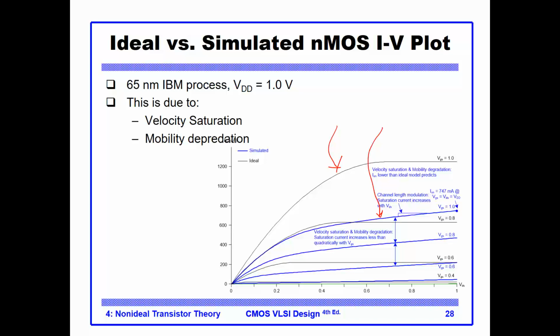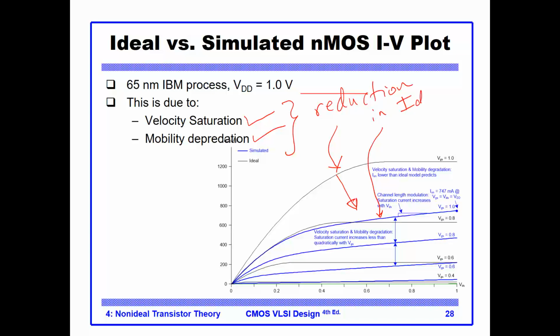Engineers and scientists were baffled as to why we have this drop in current, what we expect versus what we see, and they attributed this drop in current to velocity saturation and mobility degradation, which we will define. Basically, they cause a reduction in current.